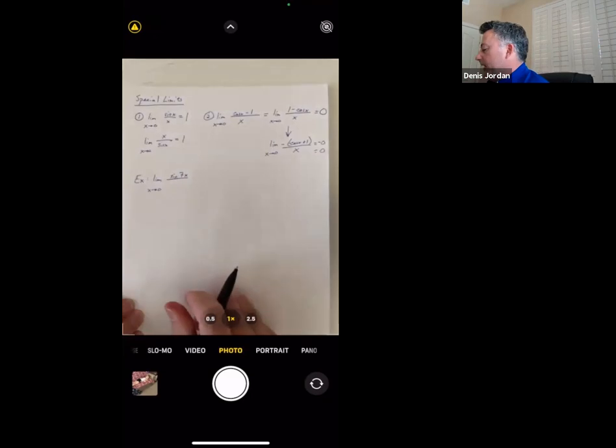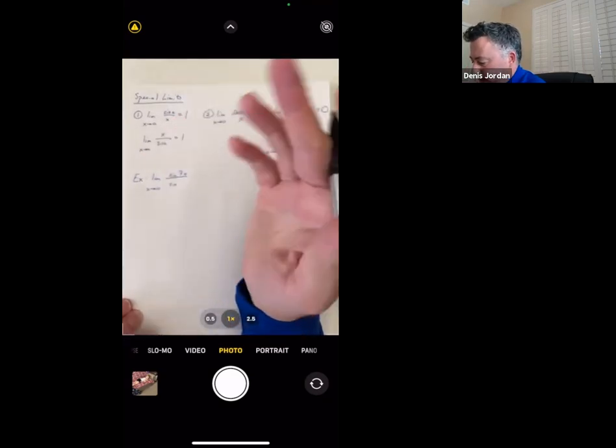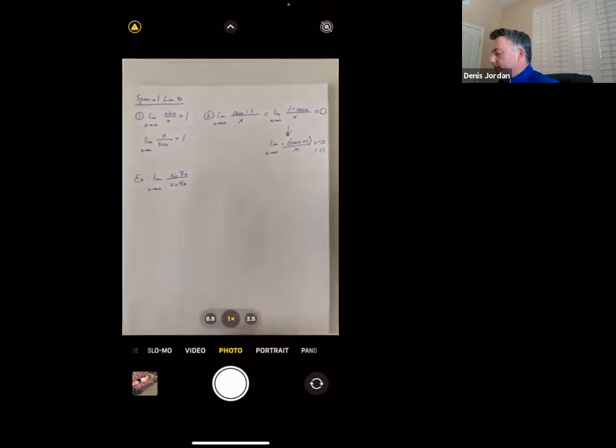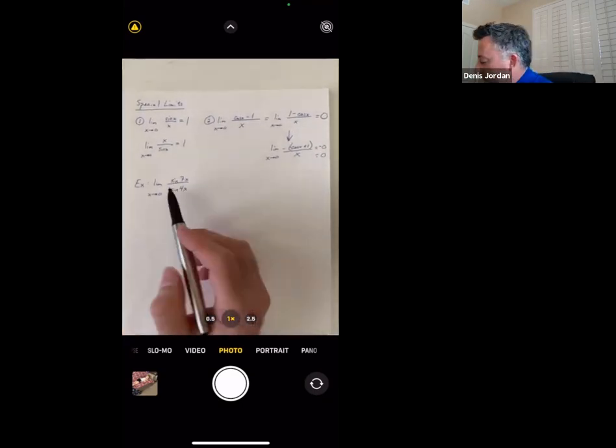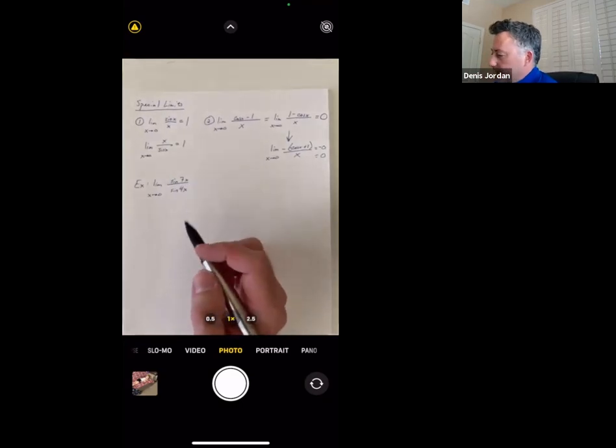So it was like sine of 7x all over sine of 4x. And you had to evaluate it. So you can't plug in the 0 because what's sine of 0?